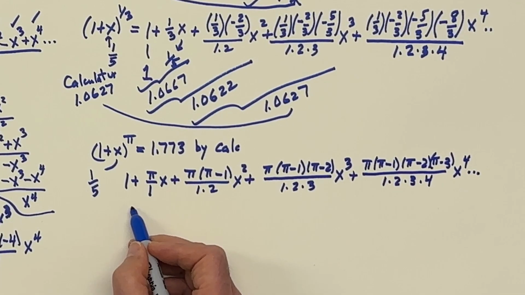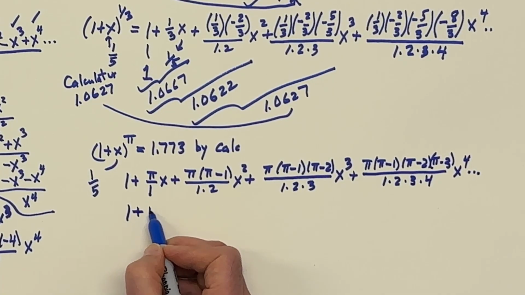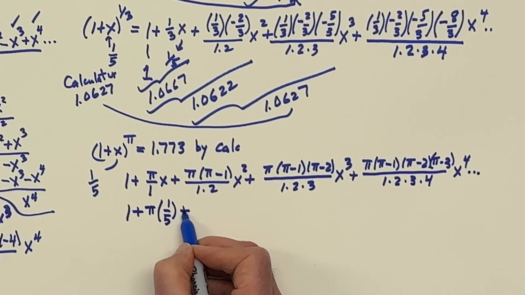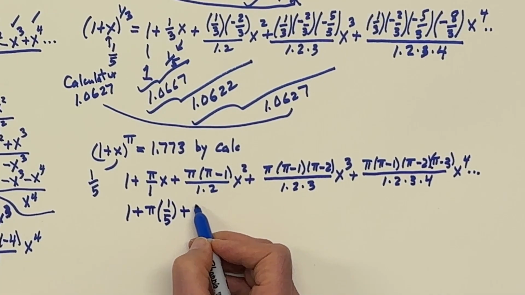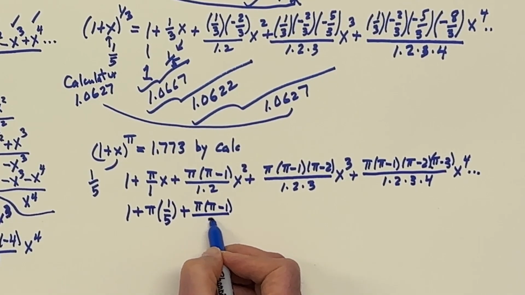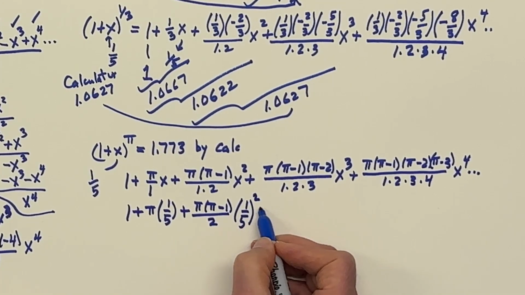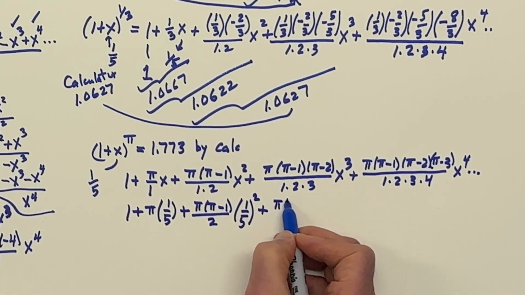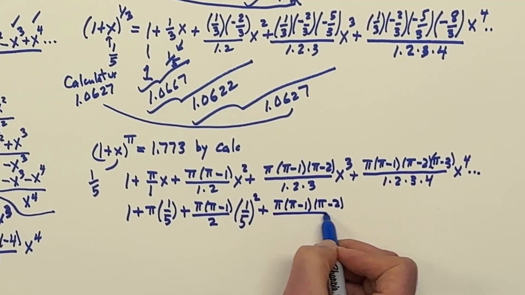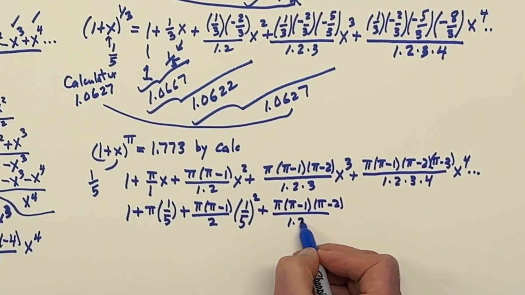All right, well, what are we looking at here? We're looking at 1 plus pi times a 5th for our specific case. And then plus here, pi times pi minus 1 over 2 times 1/5 squared. And then plus pi minus 1, pi minus 2 over, I'll just write these out like this.